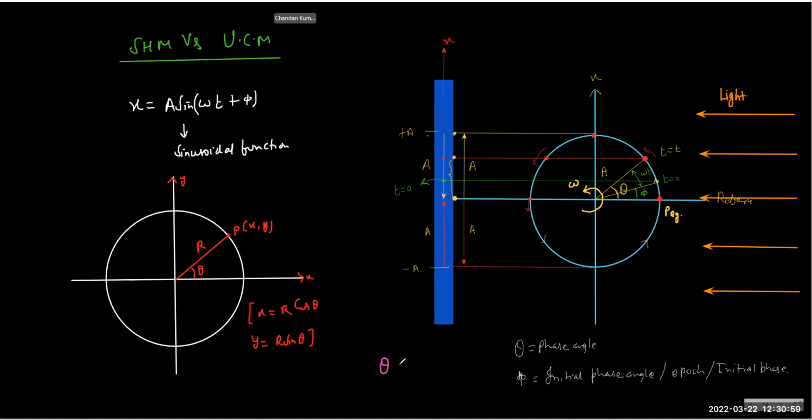So theta we can write as phi plus omega t. Is this clear? Is this clear, guys? Yes, sir. So now you know what the different symbolic meanings are. And the benefit of circular motion is that you can convert an SHM problem into a problem of circular motion, which is much easier to solve.